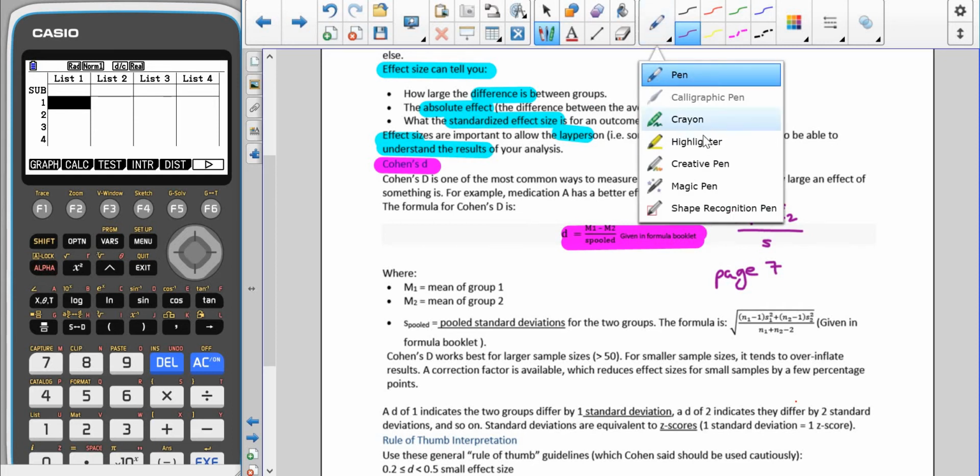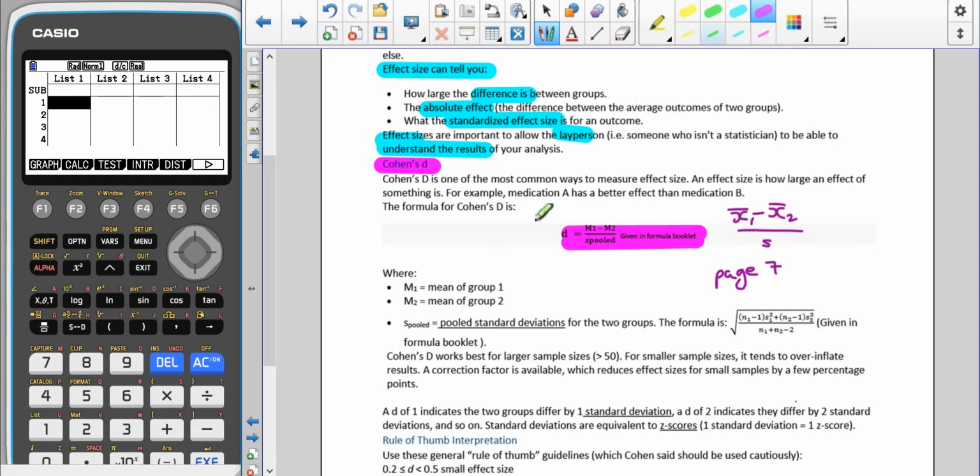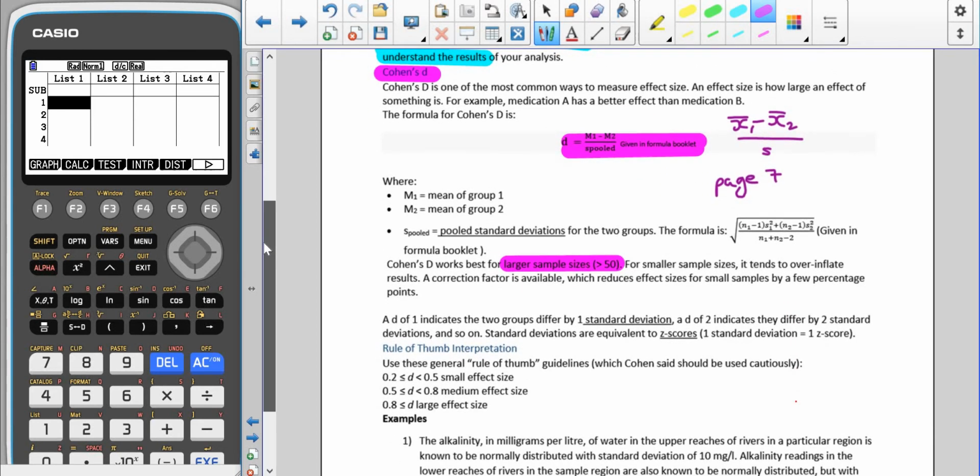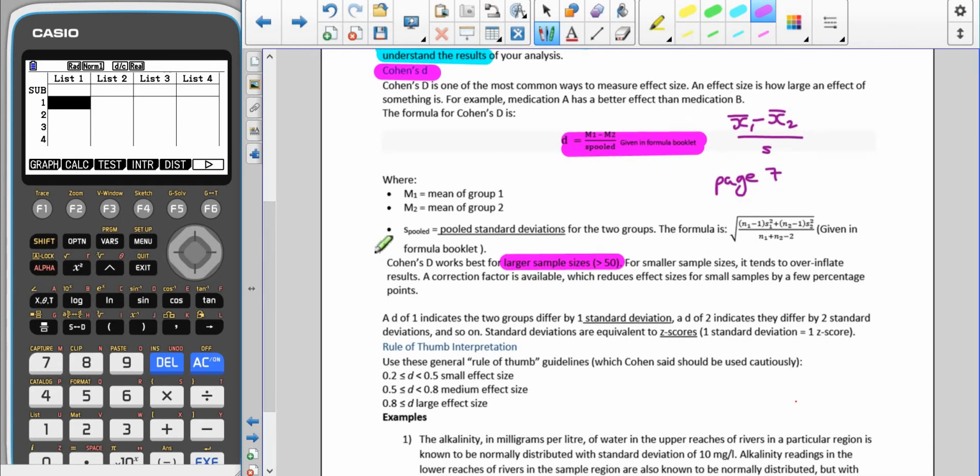Cohen's d works best when we have a large sample size, and in this case we're saying a large sample size is more than 50, which is different to what we have said before. For smaller sample sizes, it tends to overinflate the result.